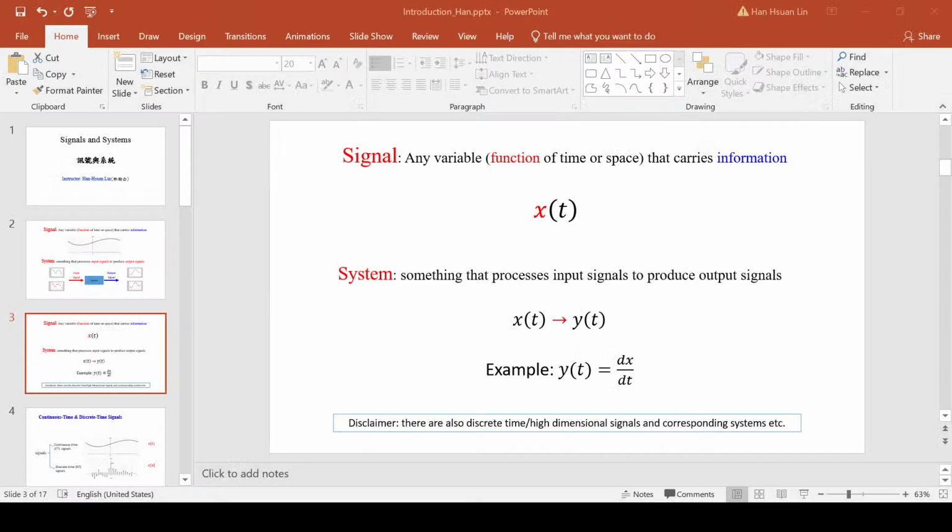PowerPoint. Okay, that should be fine. Where is this? Very low volume. Okay, anyway. This should be working.